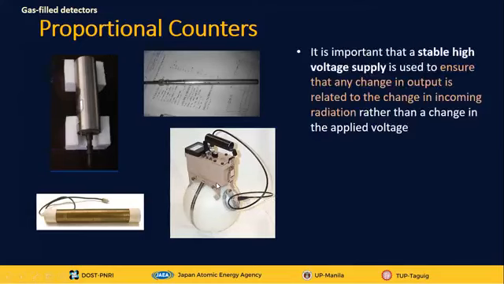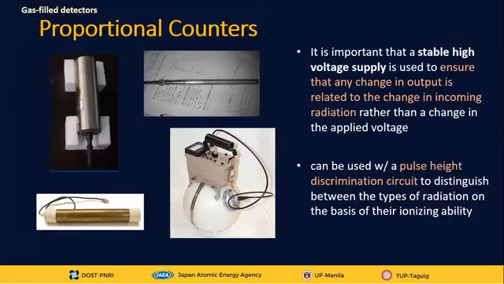And it's very important here that a stable voltage supply is used to ensure that any change in output is related to the change in incoming radiation rather than a change in the applied voltage, since we know that the input energy is proportional to the charge output of our detector.